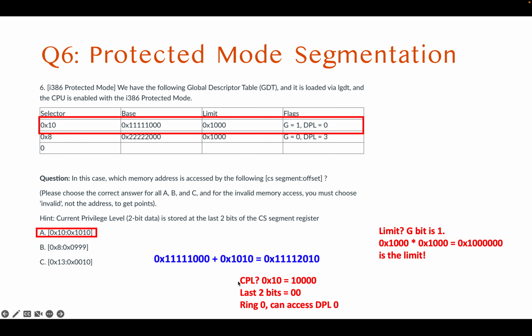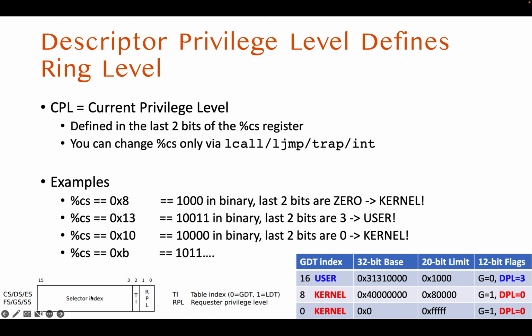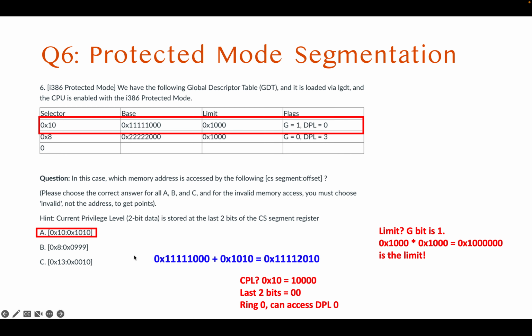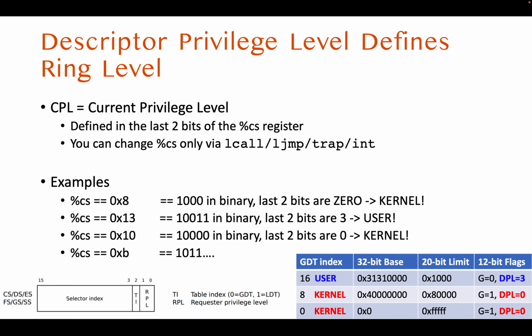For those who get confused about where the current privilege level is stored, it is at the end of each segment selector. We will never use the last 3 bits of the segment selector as an index because descriptors are 8-byte aligned, so the last 3 binary digits are 0.